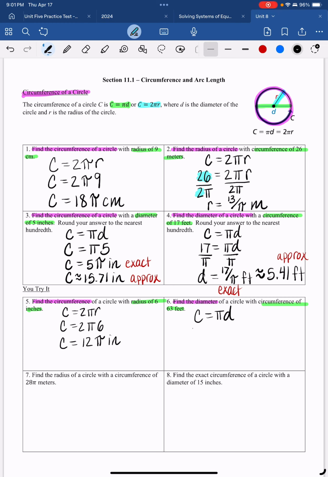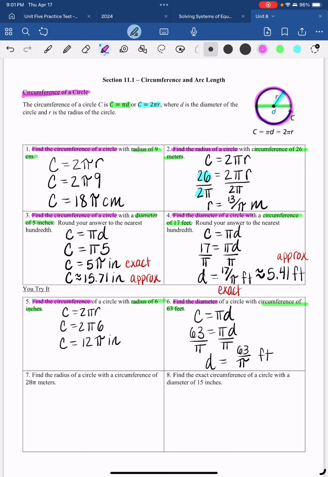The circumference is 63. So 63 is equal to pi times d. We're going to divide by pi. And this would be our final answer. Our diameter would be equal to 63 over pi. And then our units are the same as the circumference, so our units are going to be feet.